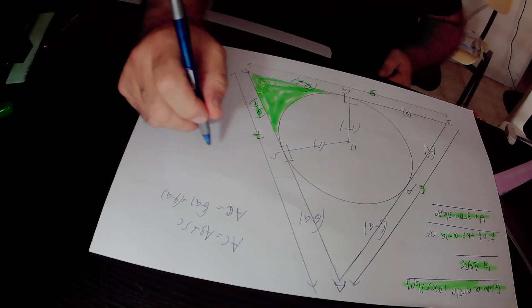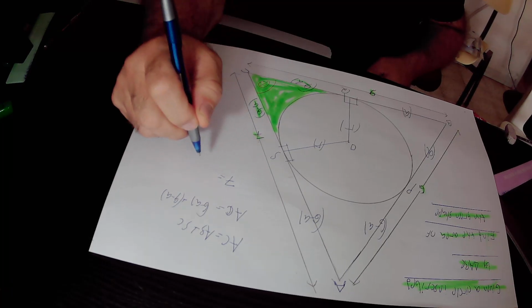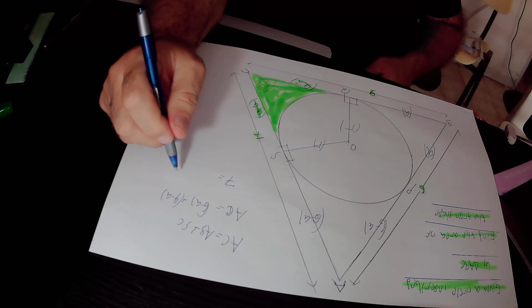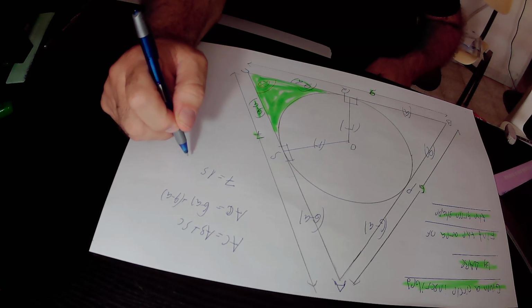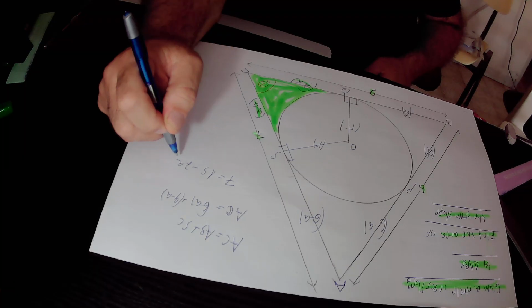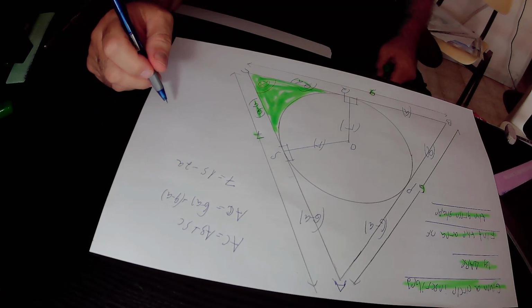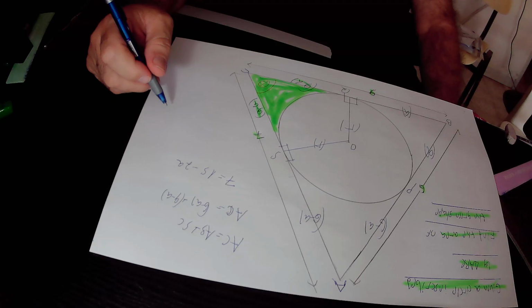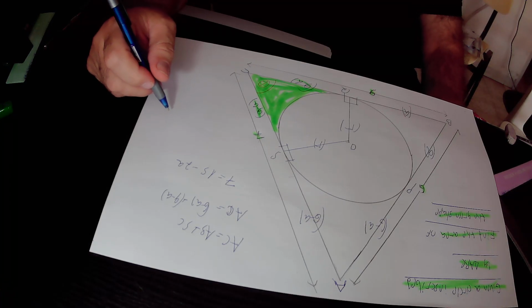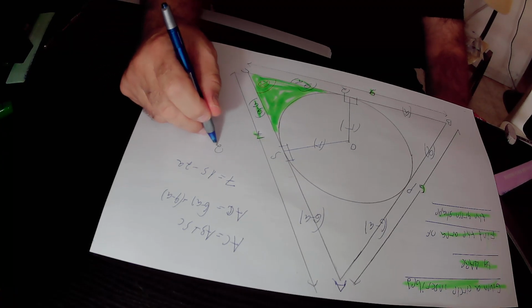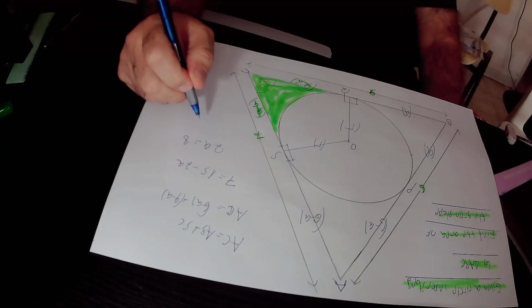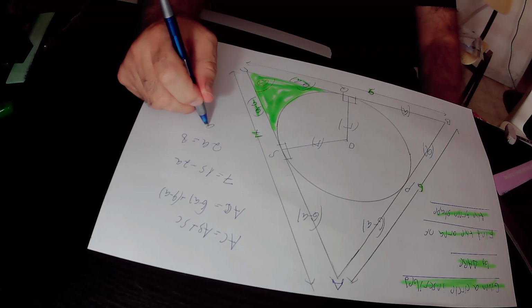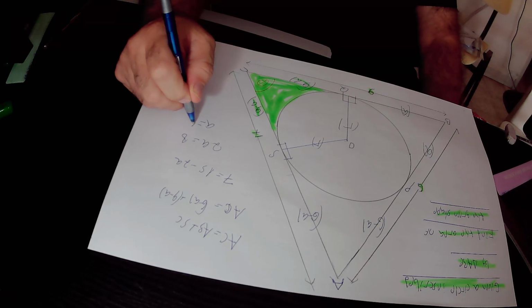So AC equals 7, and 7 equals 6 minus A plus 9 minus A. 6 plus 9 is 15, minus A minus A is minus 2A. So we found that 7 equals 15 minus 2A. Here we add 2A to this equation and subtract 7 simultaneously, and we get that 2A equals 15 minus 7, which is 8. Dividing by 2, we finally get that A equals 8 over 2, that is 4.